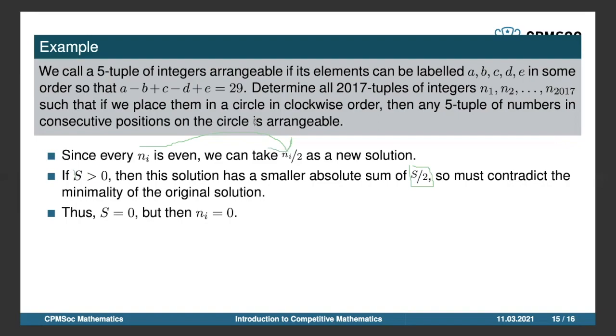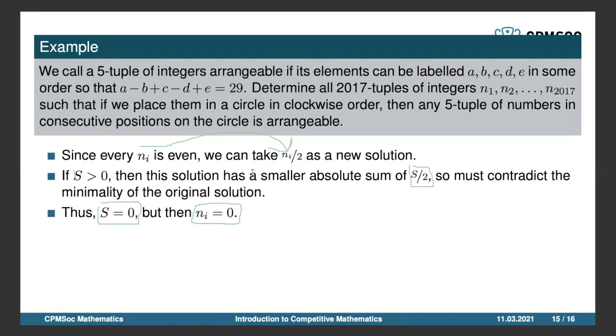And since the absolute value of a number is at least 0, the only possible combination is where S is equal to 0 and every number is equal to 0. So in our modified sequence, we are forced to make all the numbers equal to 0. So we have no other choice to arrange the 2017 numbers.